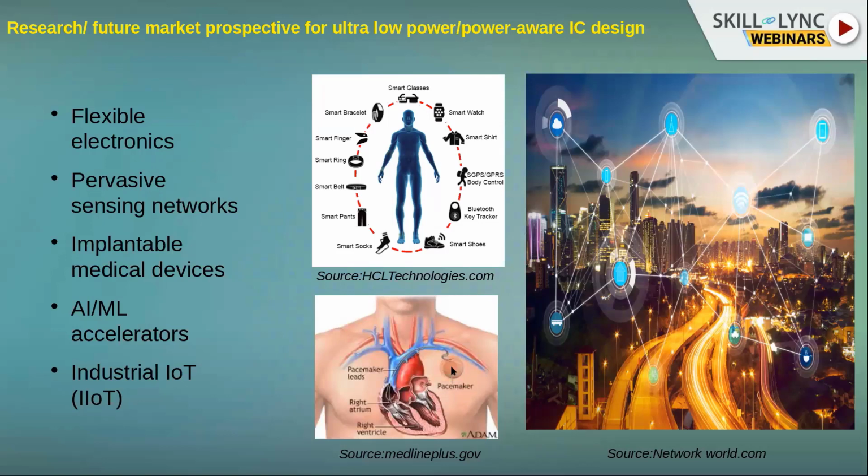So here, research groups are working on harvesting energy from a person's body heat, so that there is an energy harvesting system which harvests the body heat and operates this pacemaker. In that case also, you cannot expect huge power for the circuits to operate on.